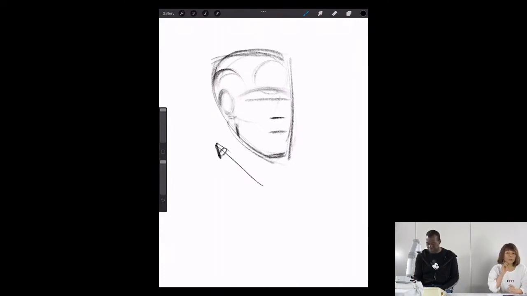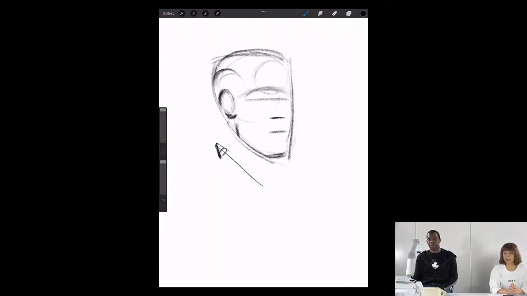Okay. Again, we have to keep in mind that this is in perspective, and so this is going away from us, right? So it's going to be maybe a little bit smaller as it's farther away, right?